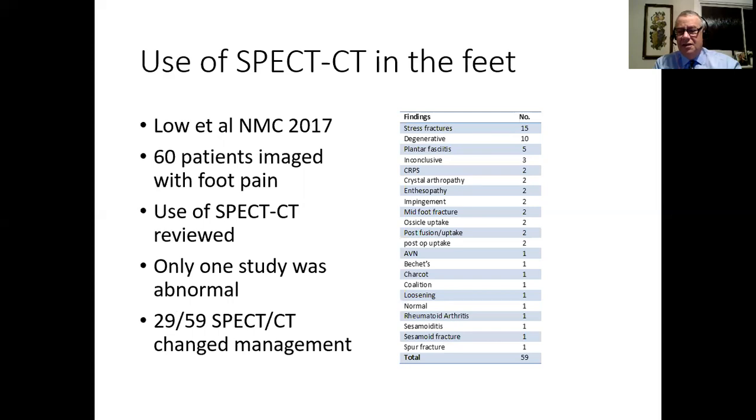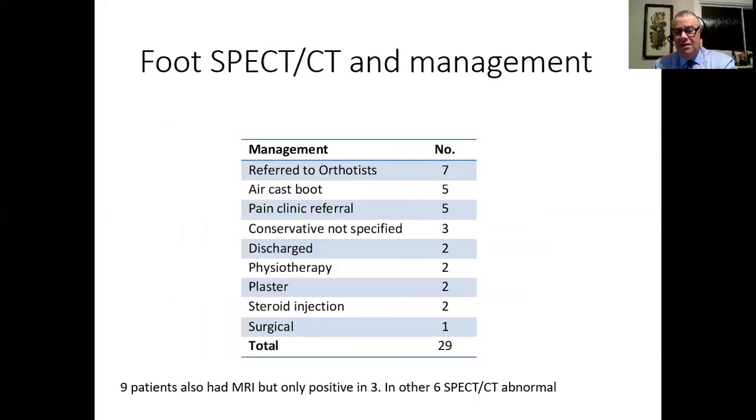Degenerative disease, which I guess you'd expect, and then plantar fasciitis, chronic regional pain syndrome, gout, other ligament disease, impingements, midfoot fractures that are missed, post-surgical uptake, and then there's various things like Behcet's disease, Charcot's, coalition problems, rheumatoid arthritis, sesamoid fractures. So whenever you're imaging the feet, expect the unexpected.